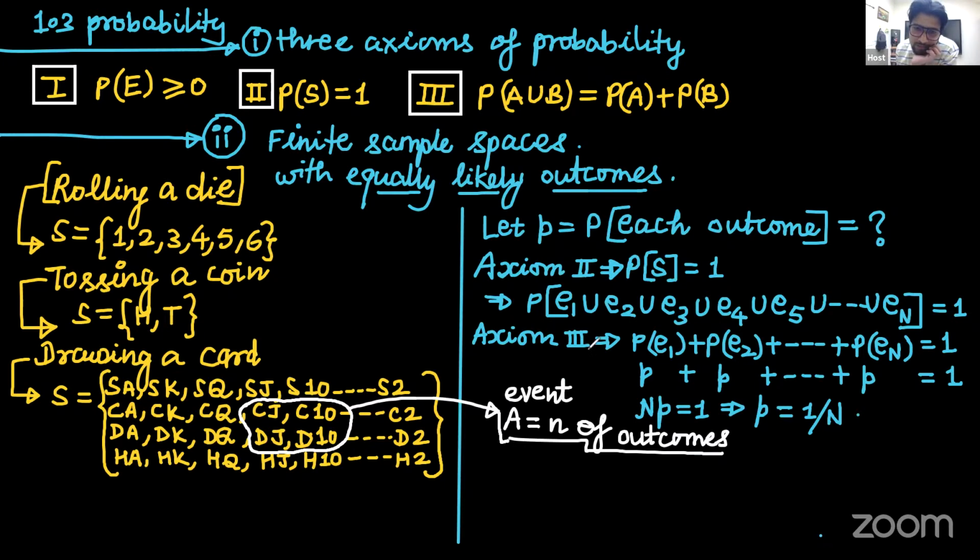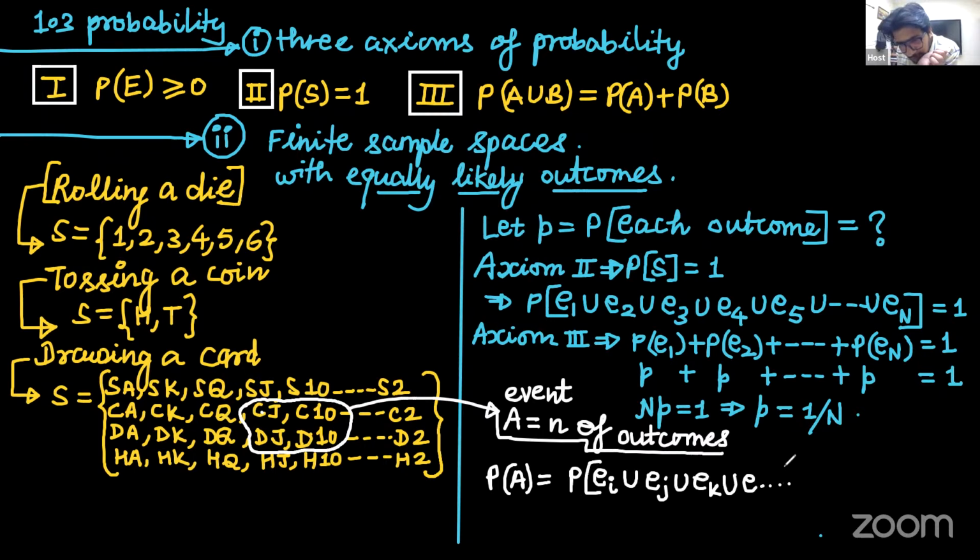Pay very close attention. So with small n number of outcomes, my dear friends, that event A can be written as the union of the ith element, jth element, kth element, and so on.